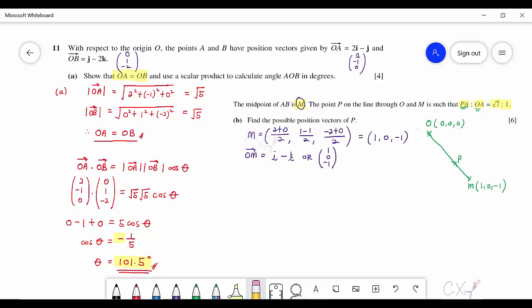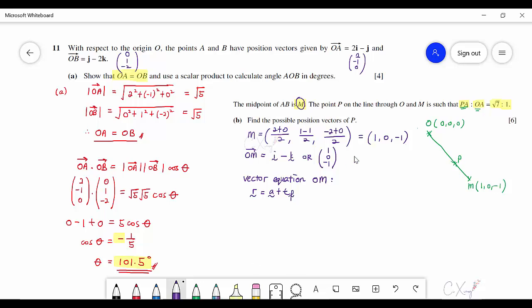To get the position vector of P, you need the vector equation of OM. So first I want to get the vector equation of OM so that I will know the position vector of P. The vector equation is r equals a plus t times d, where a is the passing point and d is the direction.